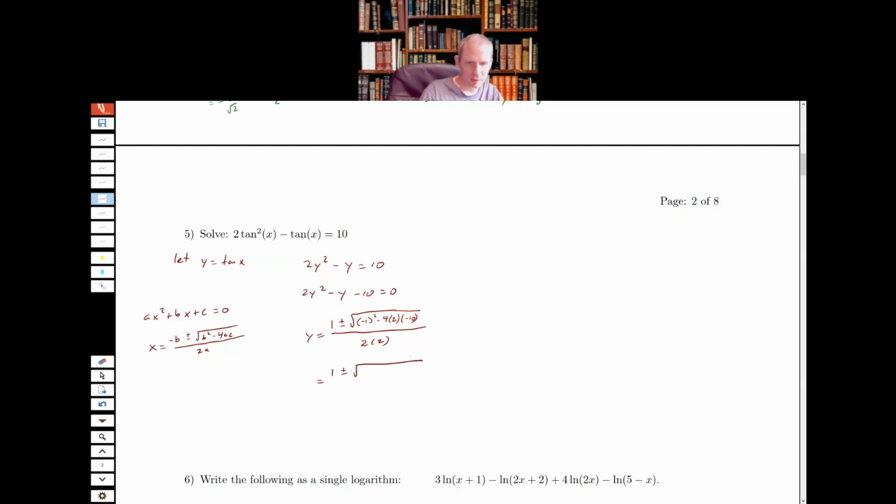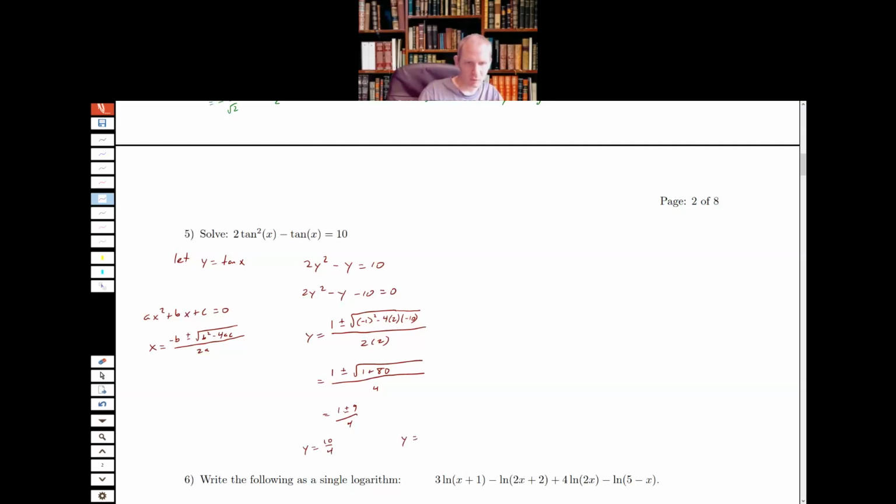All right, so let's compute away. -1 squared is 1, minus a negative is plus. 4 times 2 is 8, times 10 is 80. 80 plus 1 is 81. The square root of 81 is 9. So when I add these, I'll get 10 fourths.